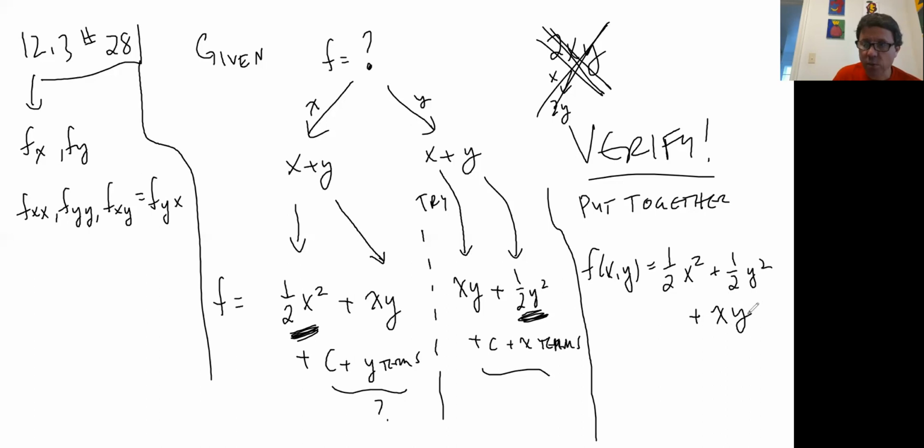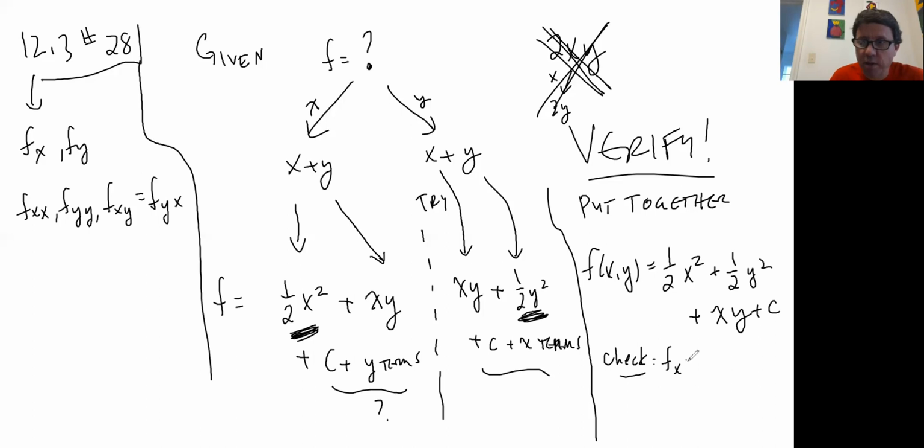If I take the x derivative, I get y. If I take the y derivative, I get x. That's the first part of the second one, so that works out really well. That covers everything, and we always have a plus c in there. And there you go. And check.